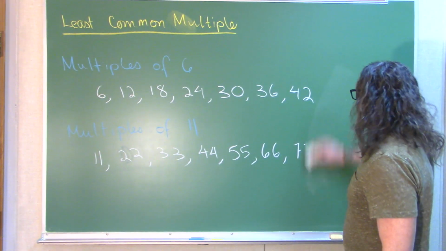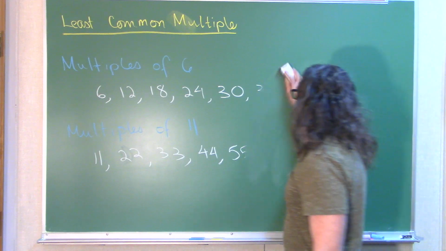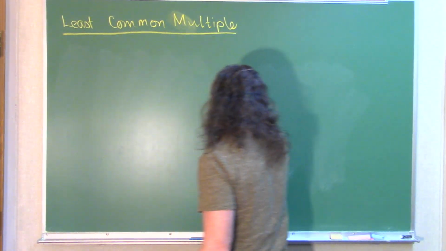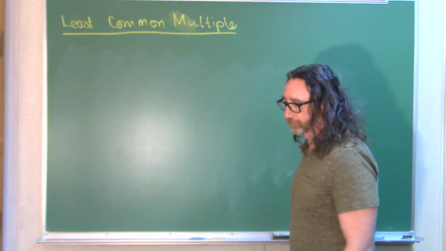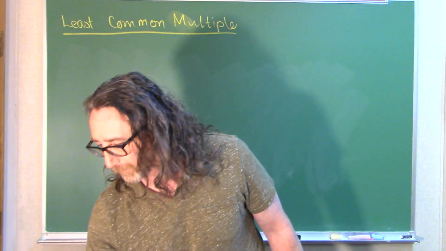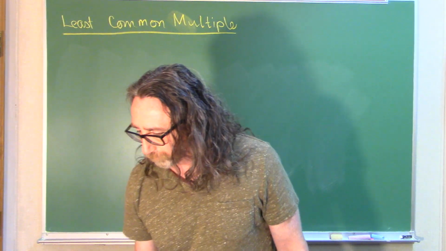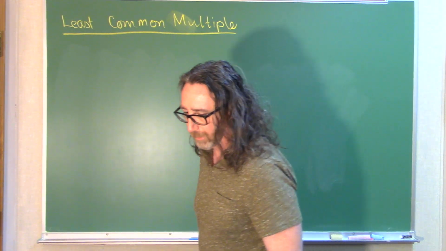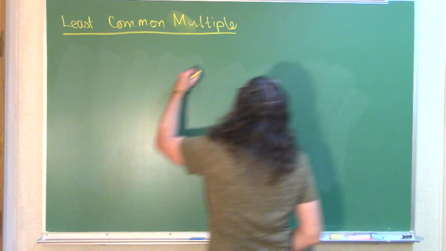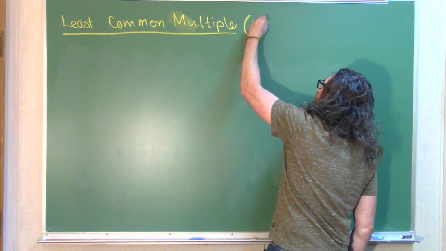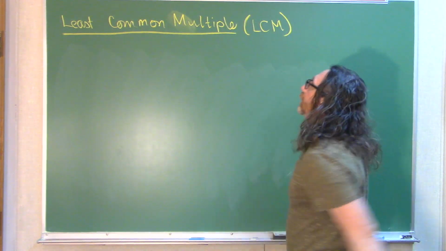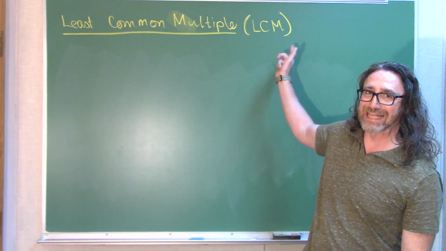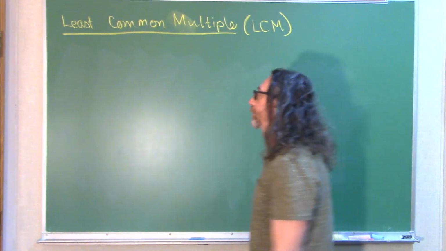And once we've got that, we can get on to finding the least common multiple for a set of numbers. Let's start out with some simple examples here. Oh, and just for the sake of brevity, we will usually abbreviate and just write LCM rather than write this whole thing out.